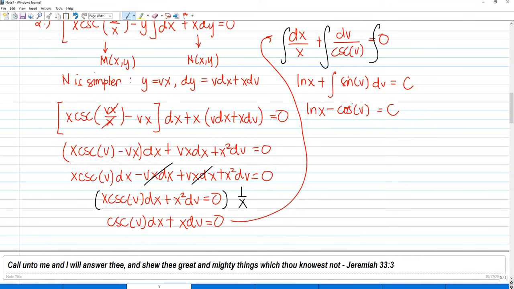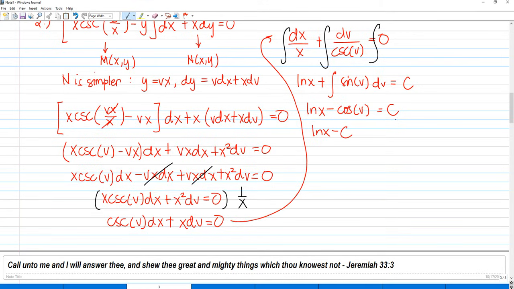Here's the thing. We have an ln x here, so we have to find another ln for this to be simplified, and we will be using the c. If I transpose negative cosine v, it becomes ln x, and transposing the constant, it becomes negative c.